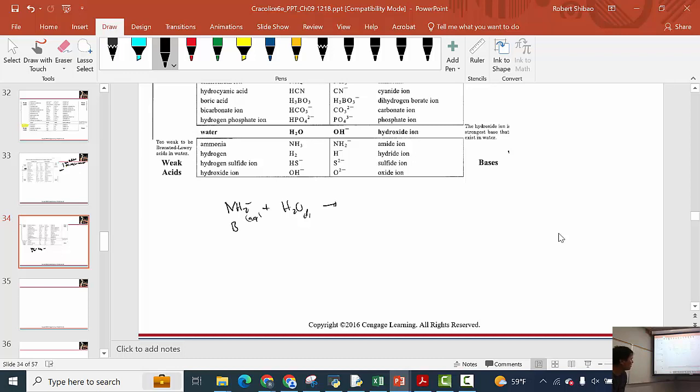Amide is going to take a proton off water and form what? Ammonia. And water is going to be converted to hydroxide. So we're going from amide to hydroxide.